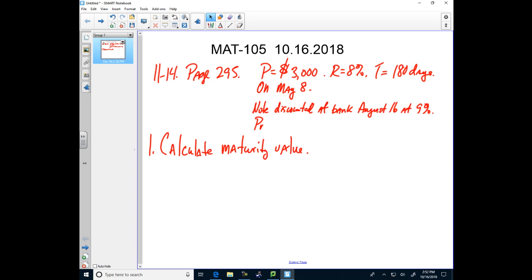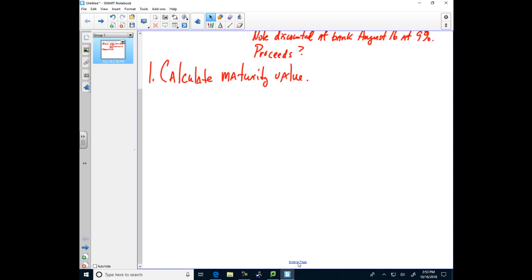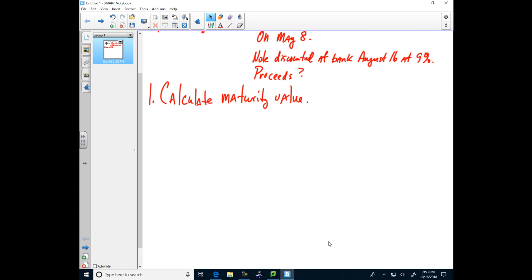So what we're looking for here is the proceeds. So first thing we're going to do here is calculate the maturity value of the original note.